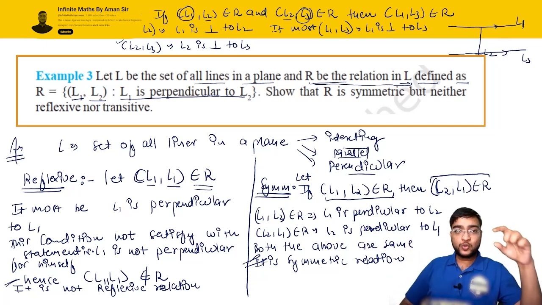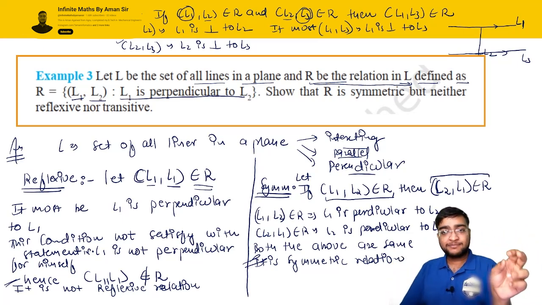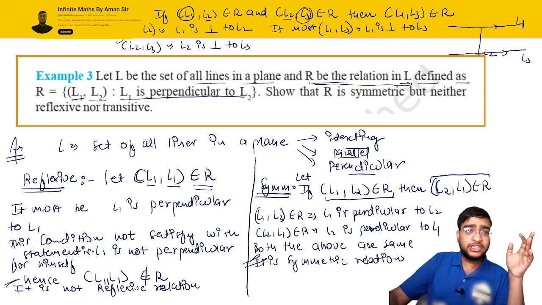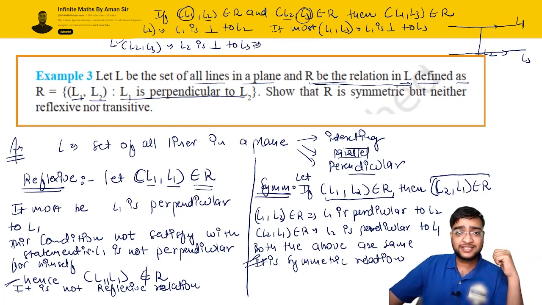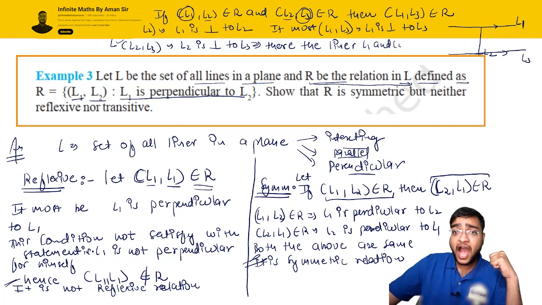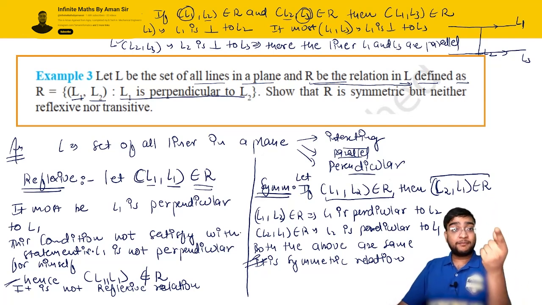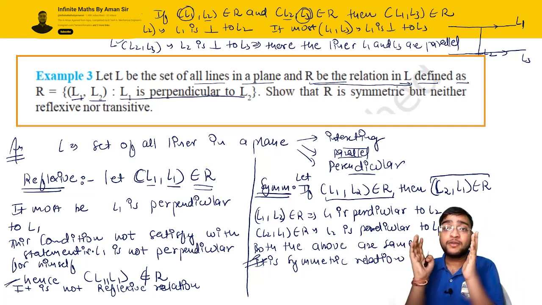With these two conditions, L1 L2 and L2 L3, for transitivity I would need L1 to be perpendicular to L3, but I arrive at the result that L1 and L3 are parallel, which is a contradictory statement.